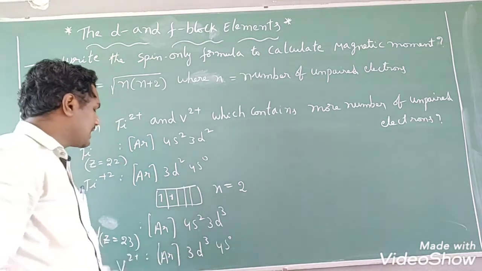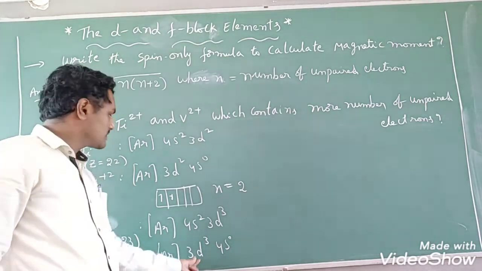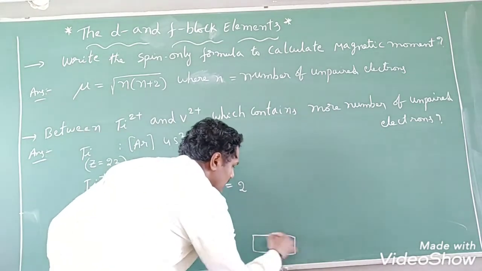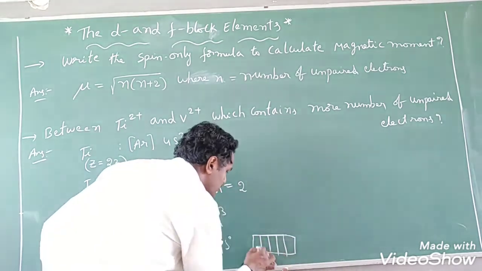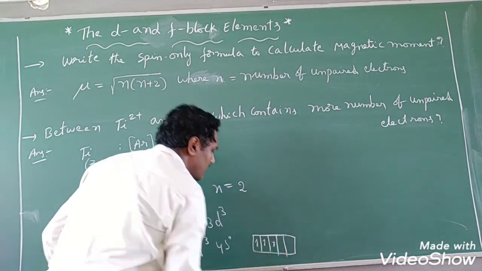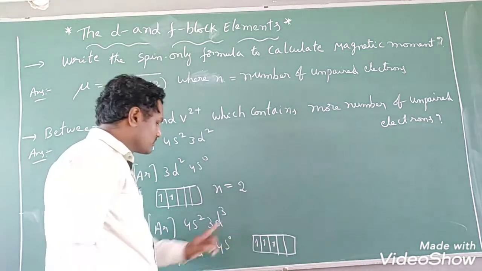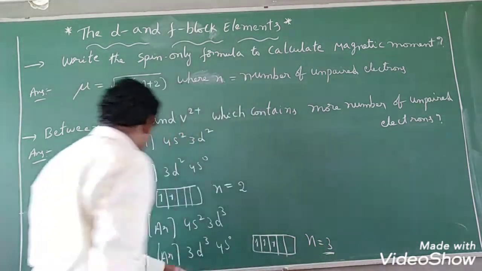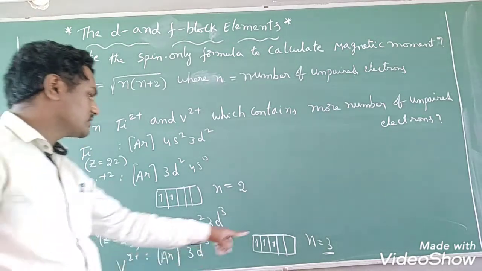How many unpaired electrons are present in the 3d subshell? It contains 5 orbitals, so first we fill one electron in each according to Hund's rule. So n equals 3, and the number of unpaired electrons in vanadium plus 2 is 3.